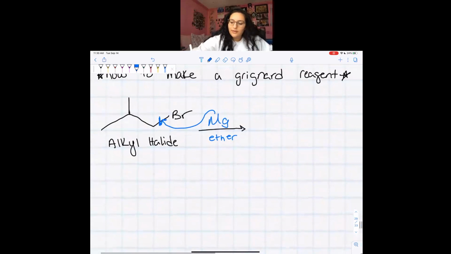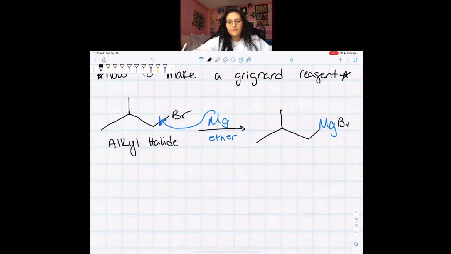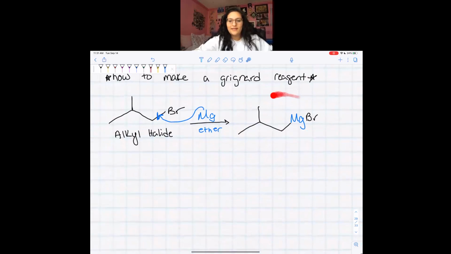So we get carbon right here, and carbon thinks he's still bonded to bromine, but in reality, magnesium came in and is right in between them, right? So even though it looks like this to the outside, we know what magnesium did. We know that magnesium came and broke them up.